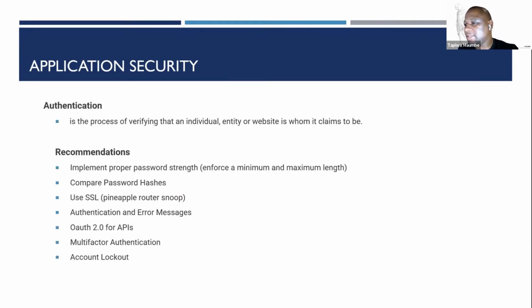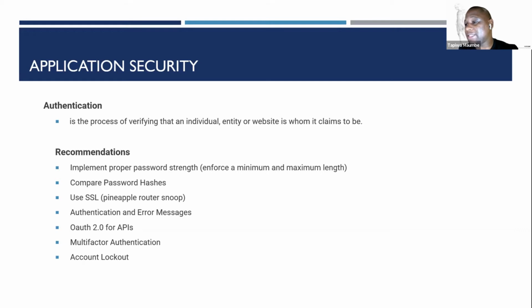Right. Then also the encouragement of OAuth 2.0 for APIs, so token-based, and it's also encouraged to use multi-factor authentication. I think people who use cloud, even at workplaces, have this, where you have Google Authenticator or Microsoft Authenticator as a second level of authentication.